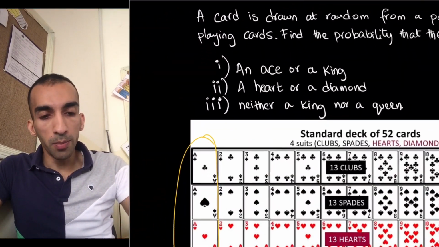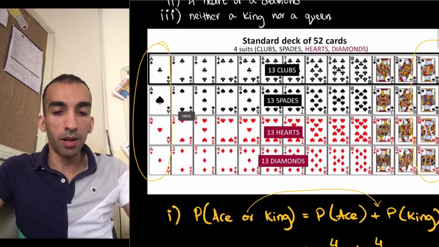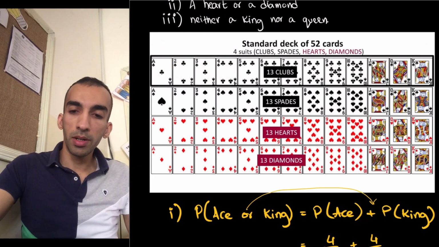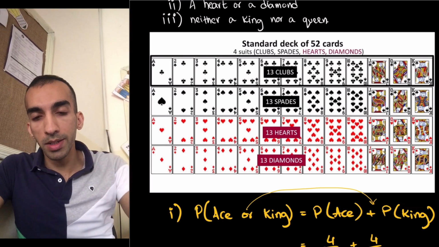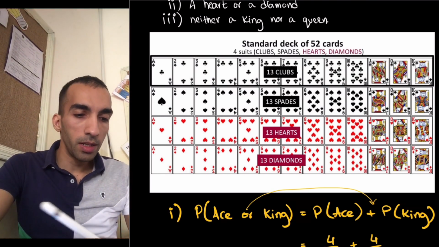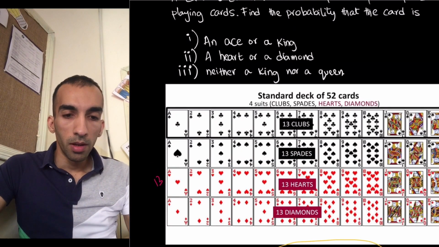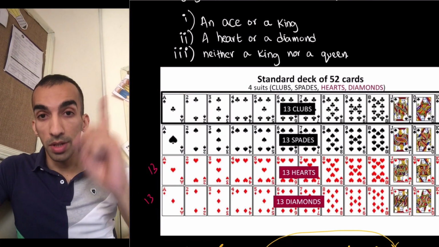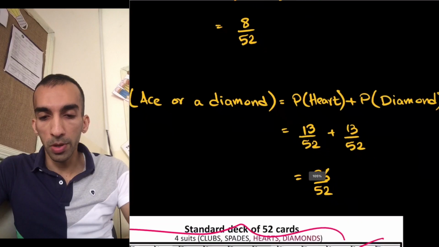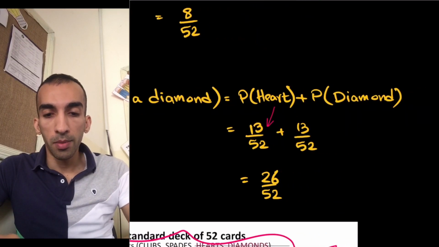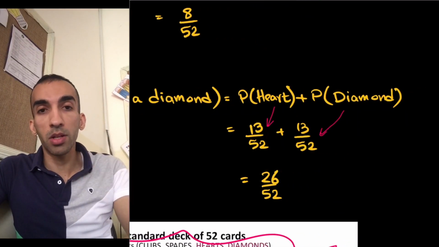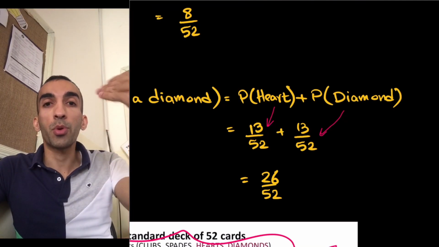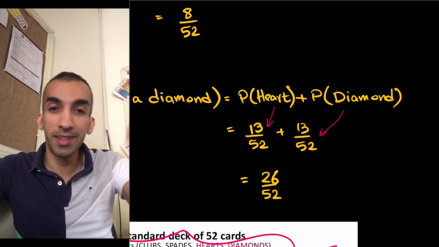Alright. The second part says a heart or a diamond. How many hearts do we have over here? There are 4 types of cards, right? We've got clubs, spades, hearts and diamonds. We've got 13 hearts. And how many diamonds do we have? 13 again. So a heart or a diamond is 13 by 52, because that represents hearts, plus, because it says "or", 13 by 52, because 13 by 52 represents the probability of getting a diamond.